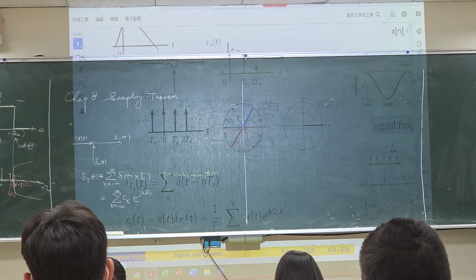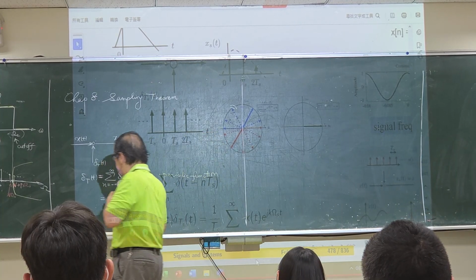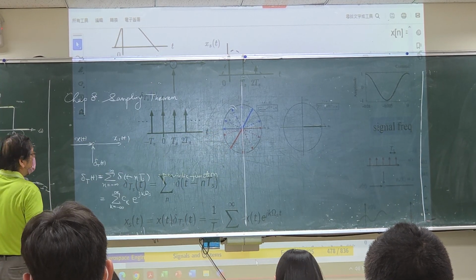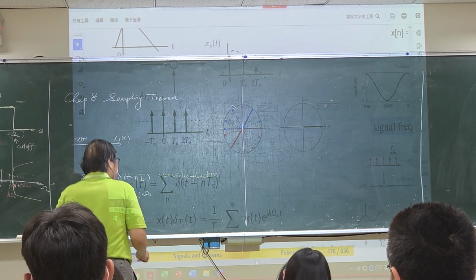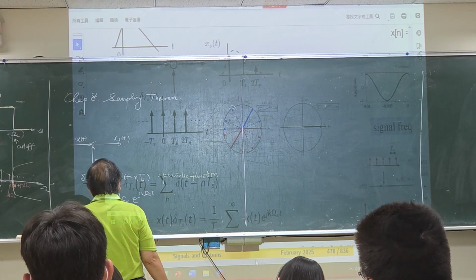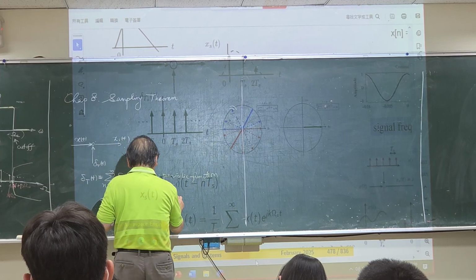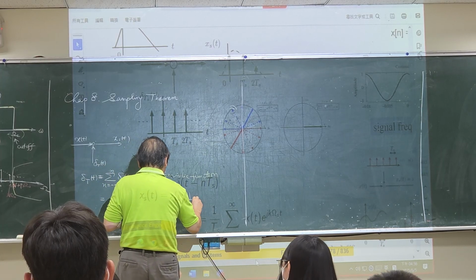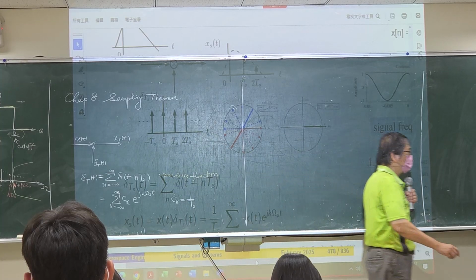Okay? And then for the moment, let me use my notation. Let me follow the notation of the book. And then we can prove that the C k is 1 over the sampling period Ts.